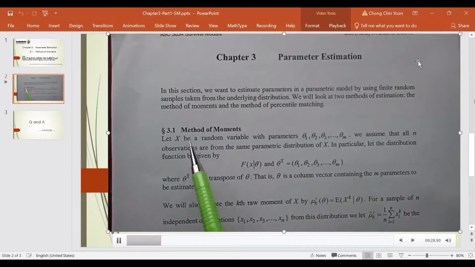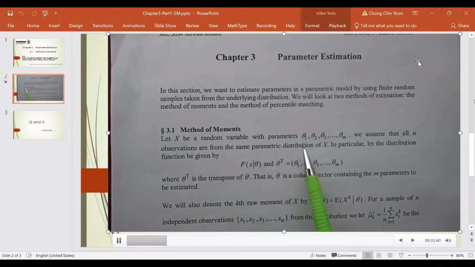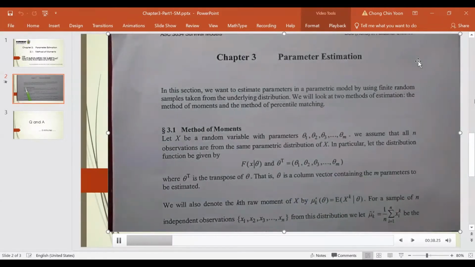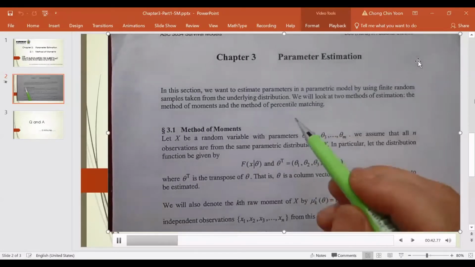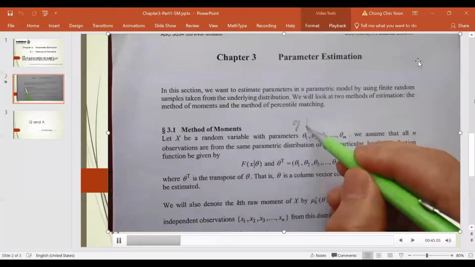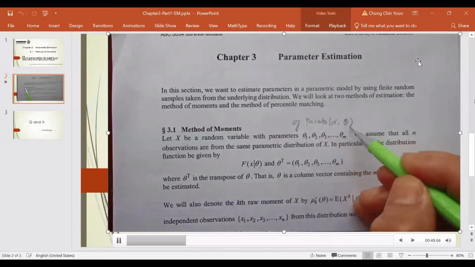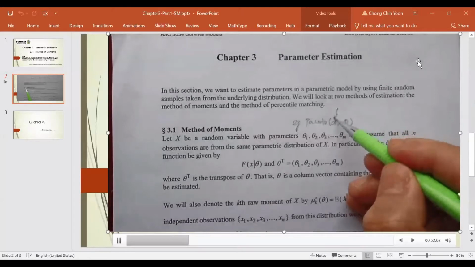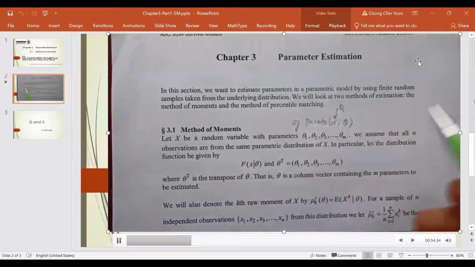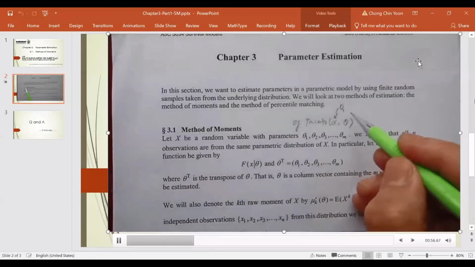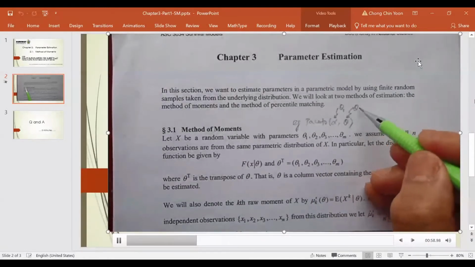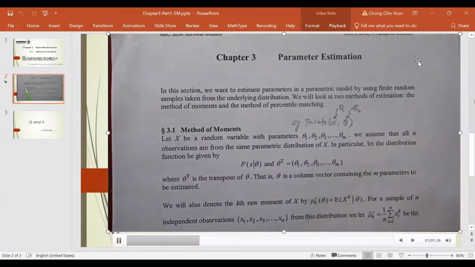3.1 Method of moments. Let X be a random variable with parameters theta 1, theta 2, until theta m. So we have altogether m parameters. For example, for a Pareto distribution with parameters alpha and theta, this alpha we can name as theta 1, and this theta we may name as theta 2, and so on.